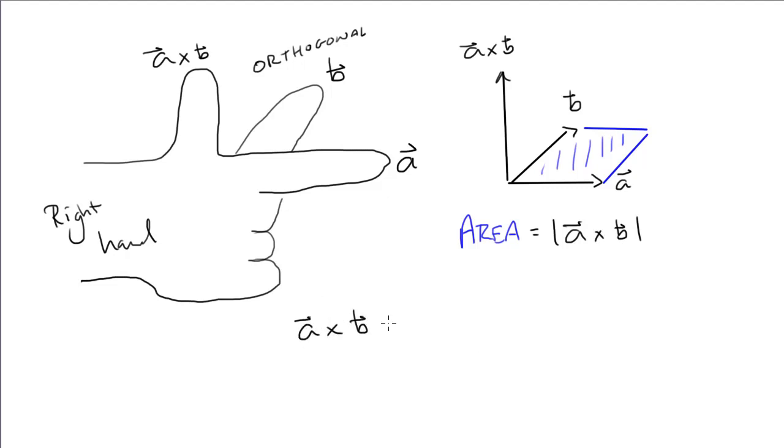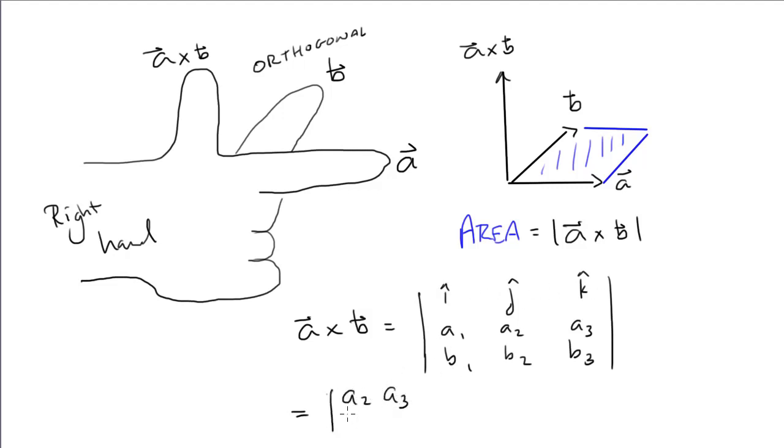To compute this magic vector, we take the 3 by 3 determinant. If you don't know what that is, I will show you. Cover up row and column, and you have a 2 by 2 determinant. You alternate the sign.